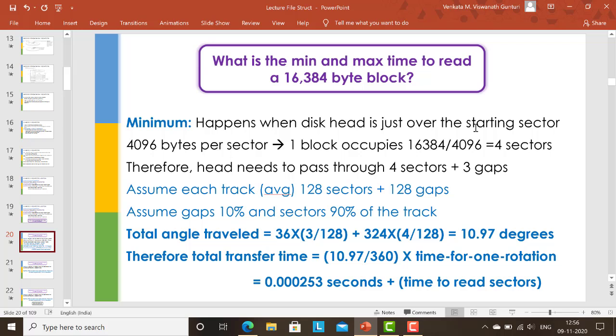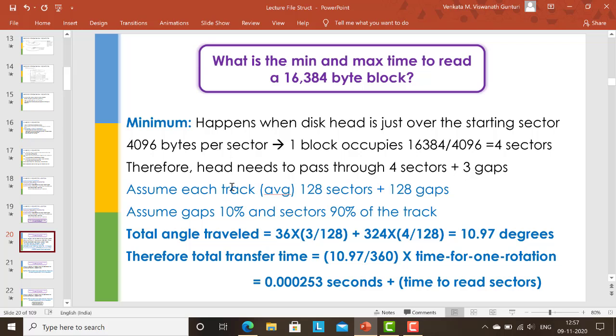Everything is positioned just perfectly, so you just have to read that 16,000 byte block. Let's see how much that takes. We assume 4096 bytes per sector, so one disk block will span 4 sectors, and that means your read write head must pass through 4 sectors and 3 gaps.